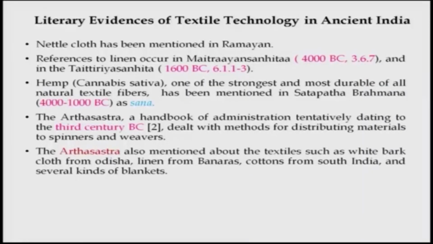So that system was there in earlier days. The Arthashastra also mentions textiles such as white cloth from Odisha, linen from Banaras, cotton from South India, and several kinds of blankets. You might know a story about blankets around Chanakya. I will not get into that because of paucity of time.